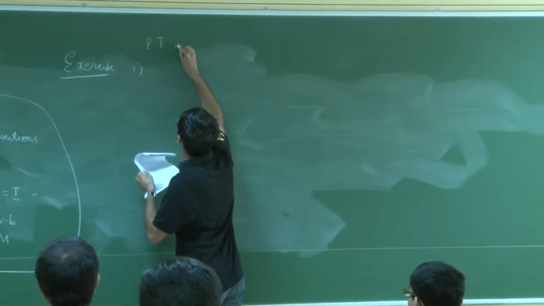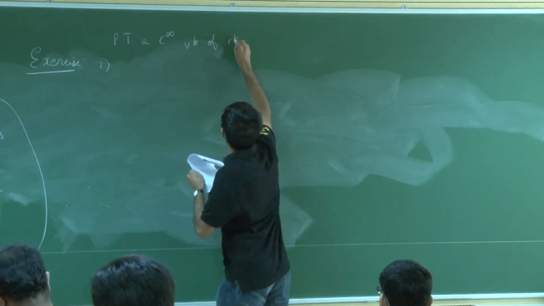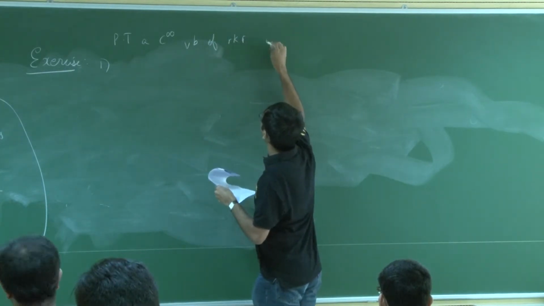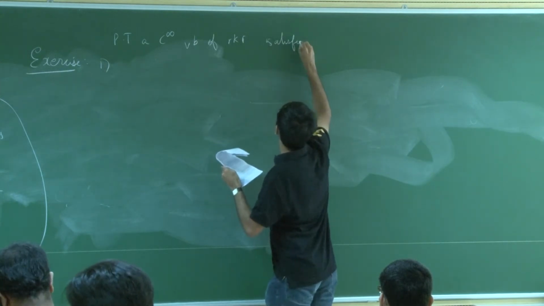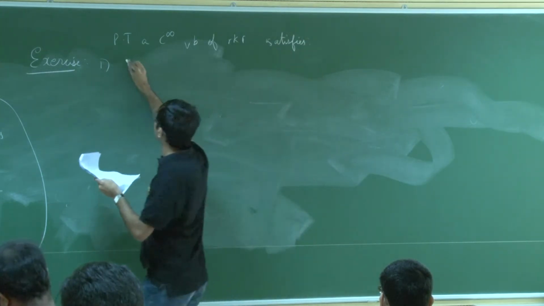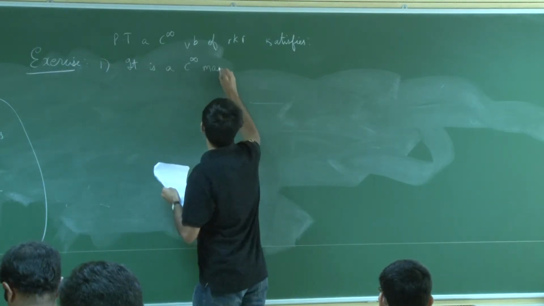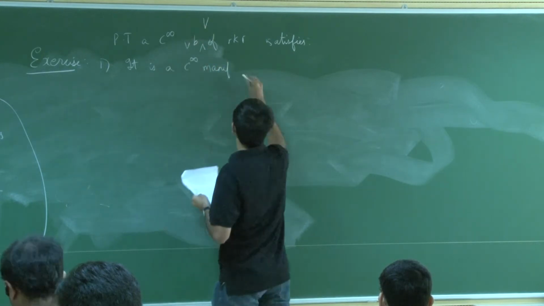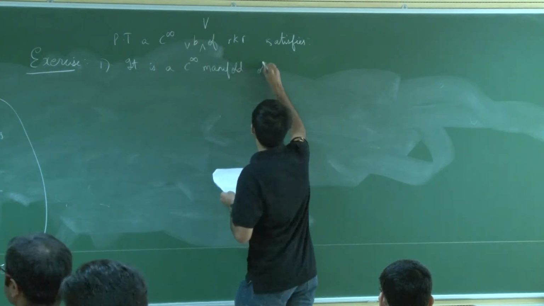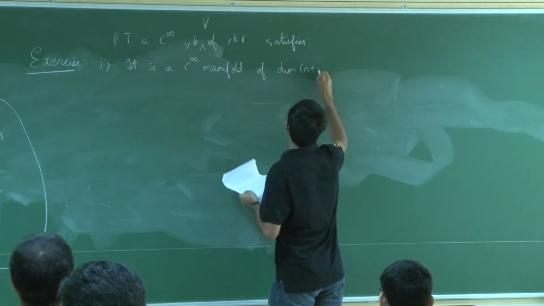Prove that a smooth vector bundle of rank R satisfies the following properties. It is a smooth manifold V of real dimension, of course, since this is smooth.